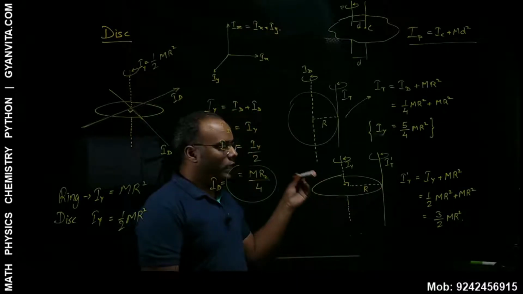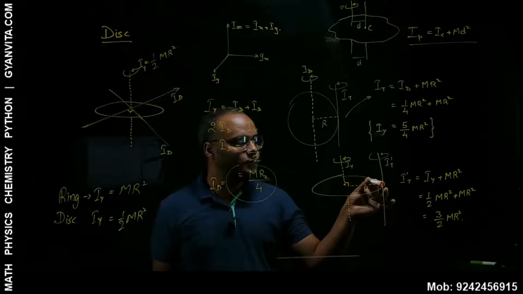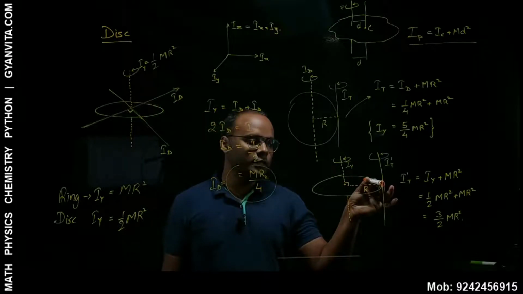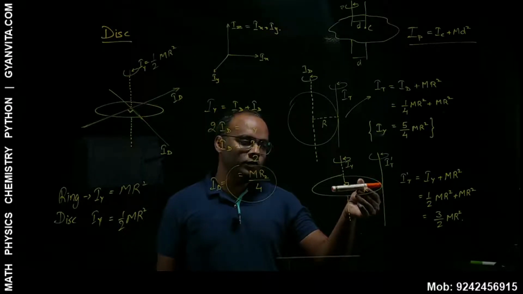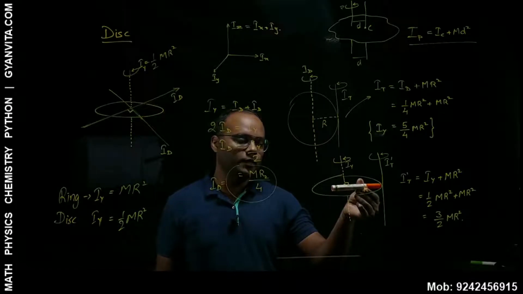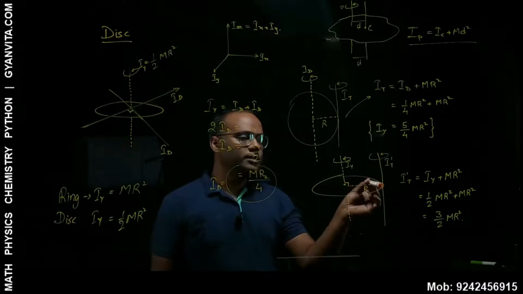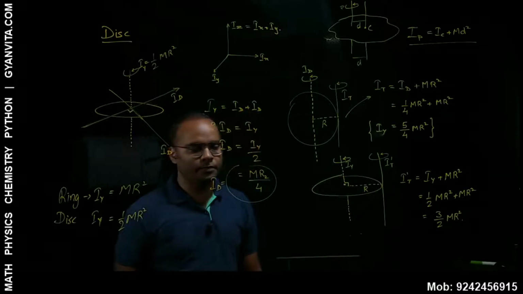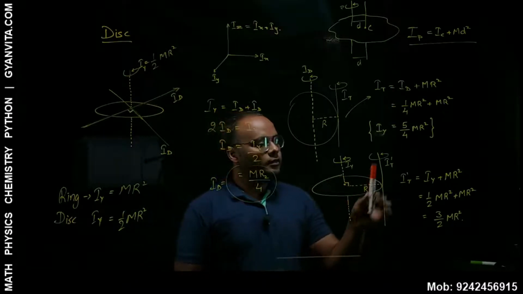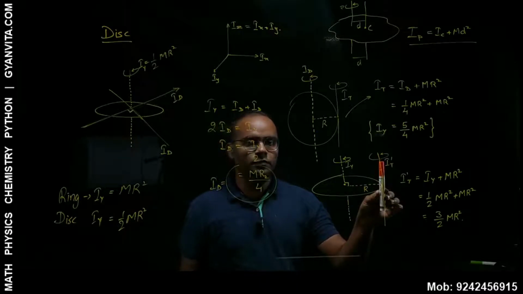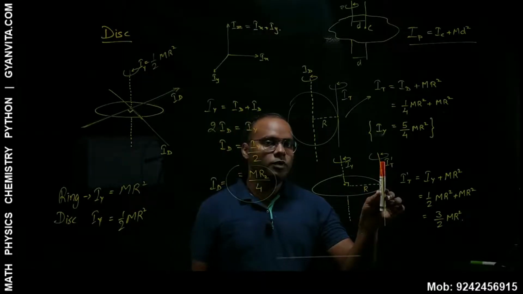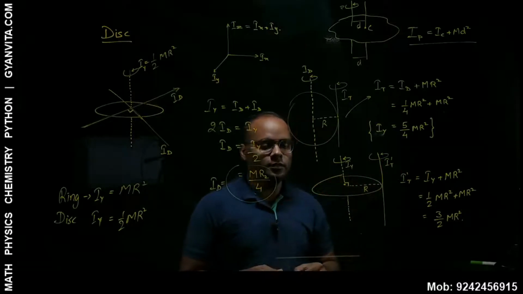So one axis is like this, parallel to the plane of the disk. Another axis is the diameter, which is also in the plane, but this diameter and this tangent will be perpendicular to each other. And the tangent which is perpendicular to the plane of the disk will be perpendicular to both those axes.